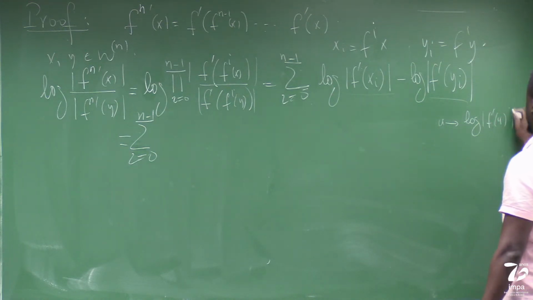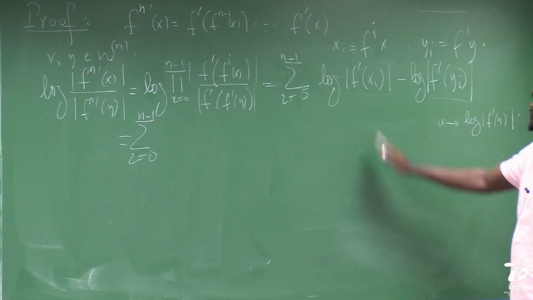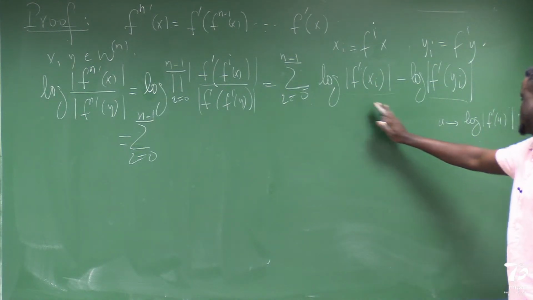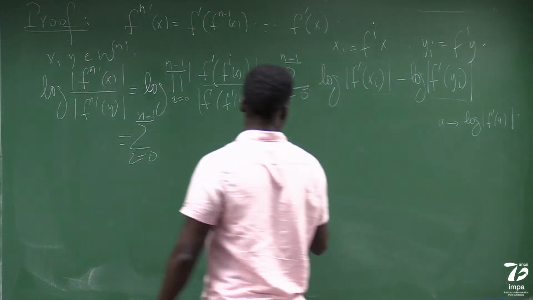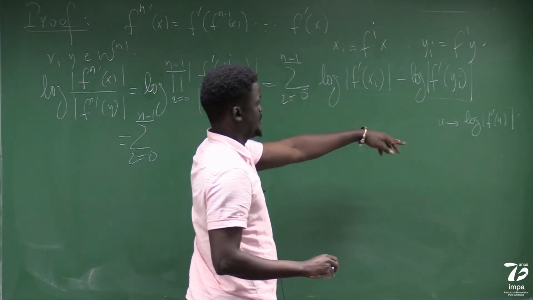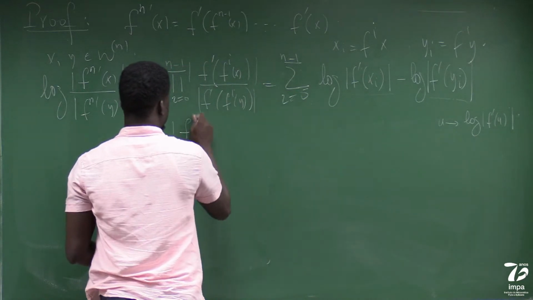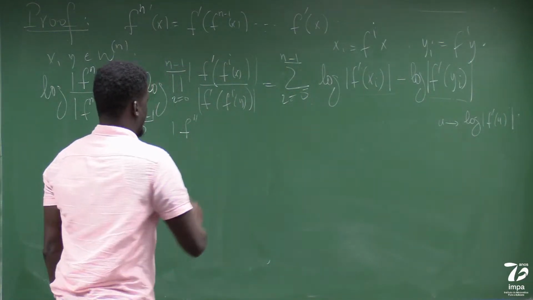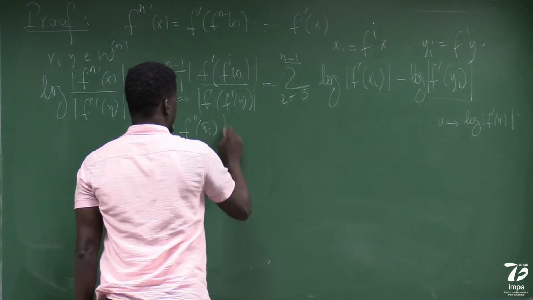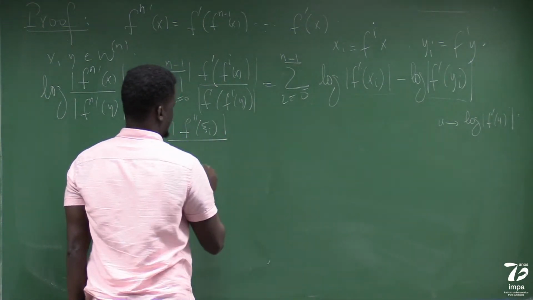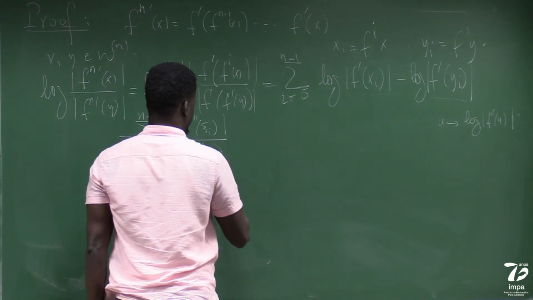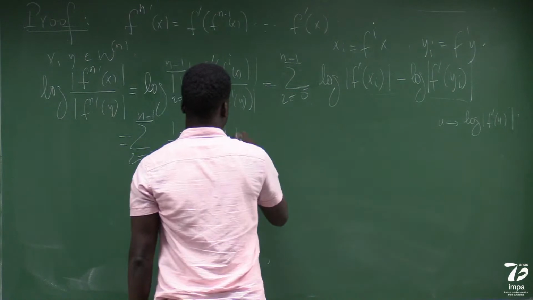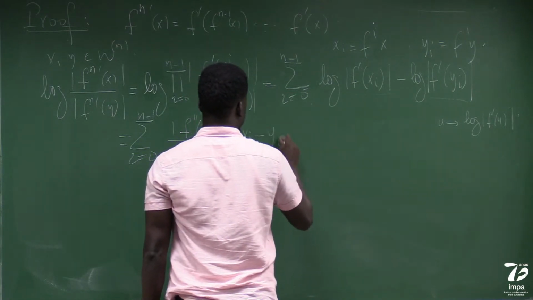So you have this function at x_i minus this function at y_i. So it is like the derivative somewhere in between, and the derivative of this will bring f double prime of a point xi_i over f prime of xi_i, times x_i minus y_i.